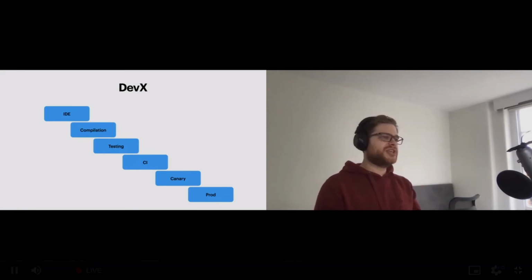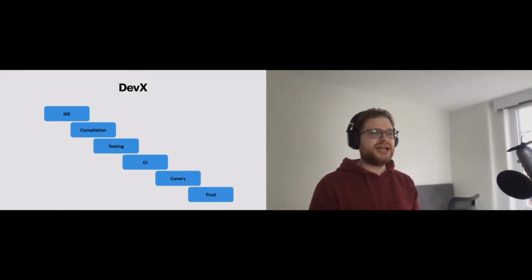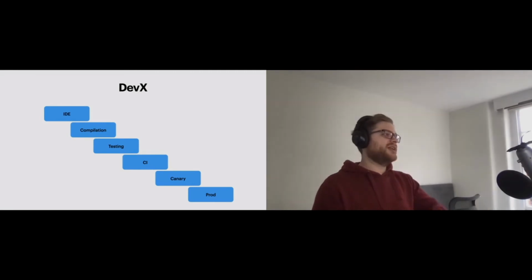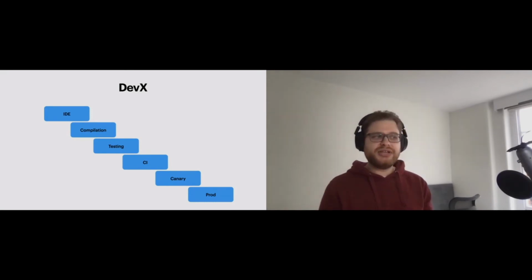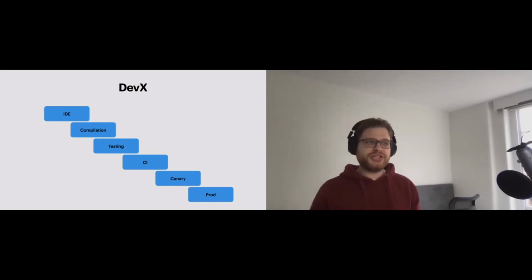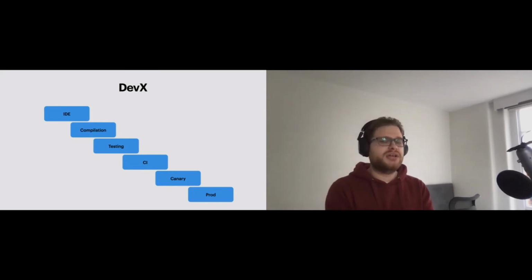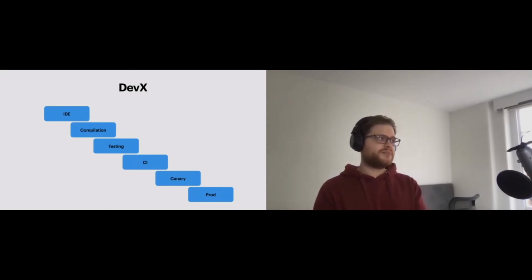Then you can run your tests and again get some more feedback. Finally, you can run more tests and checks using CI. Then you can deploy a canary of your code, so deploy your change to a subset of nodes in your system. And finally, you deploy everything to production.